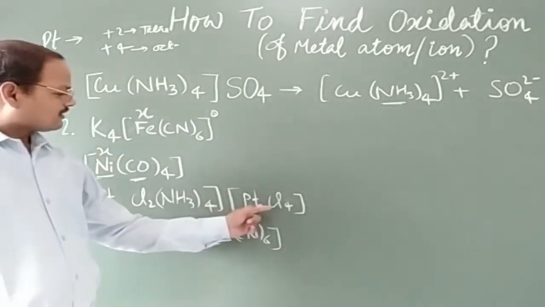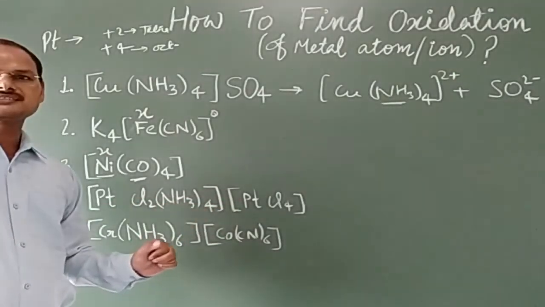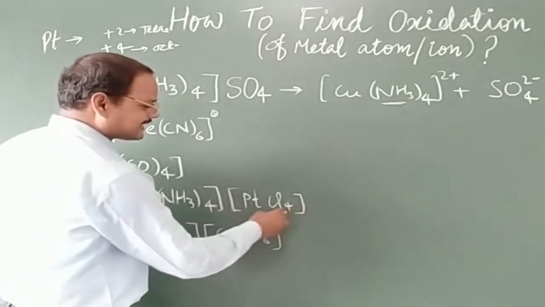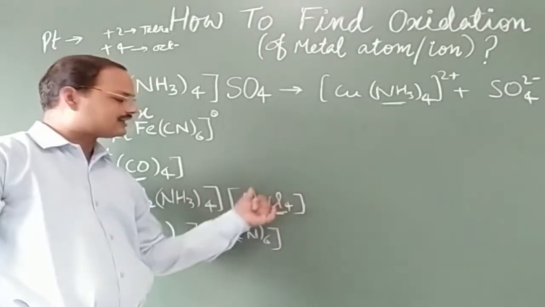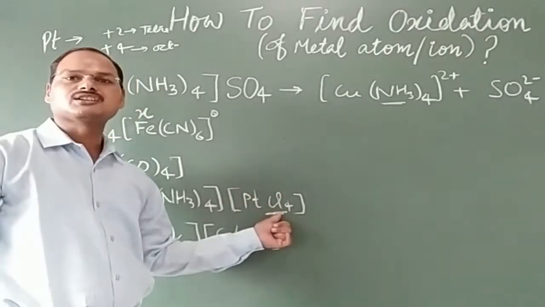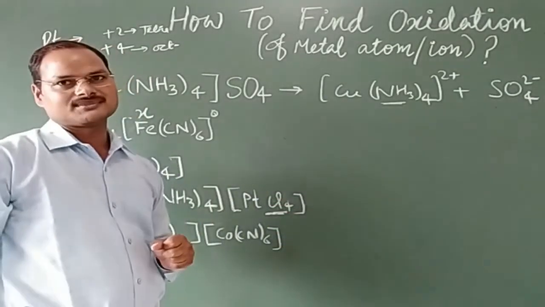Let's see. To find the oxidation state of platinum in both spheres, cationic as well as anionic, we can see that platinum in this sphere has 4 ligands. It means coordination number 4. This platinum in this complex ion will be 4, means tetrahedral.